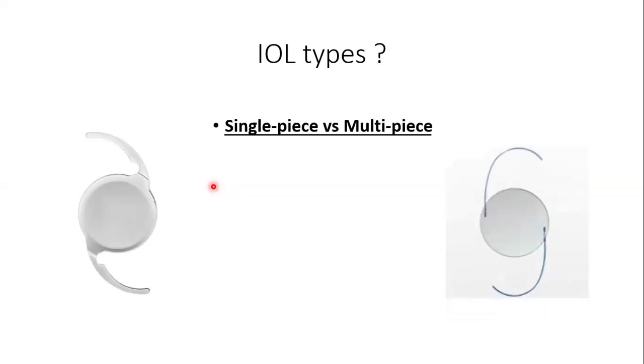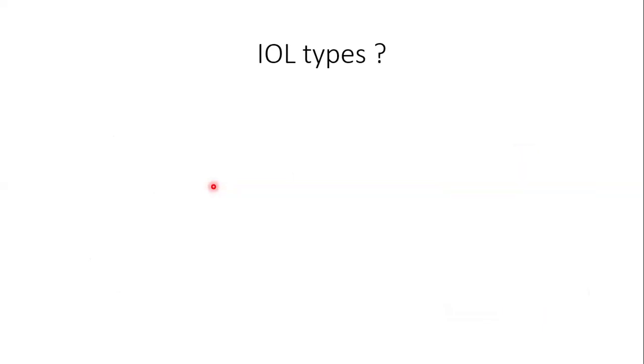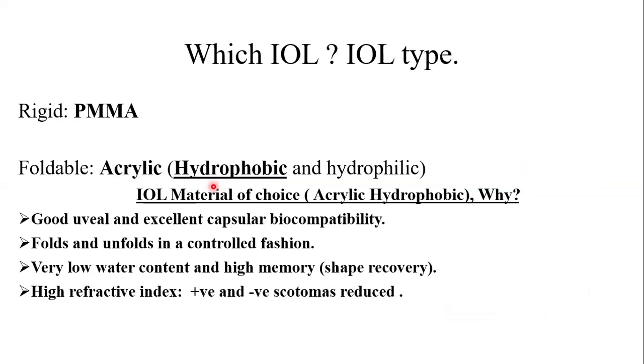Those are the causes why we are choosing acrylic hydrophobic IOLs. The excellent biocompatibility, it folds in a controlled fashion inside the eye, because in such patients, usually you will also have posterior capsulorhexis, so you don't need the IOL to unfold very fast.